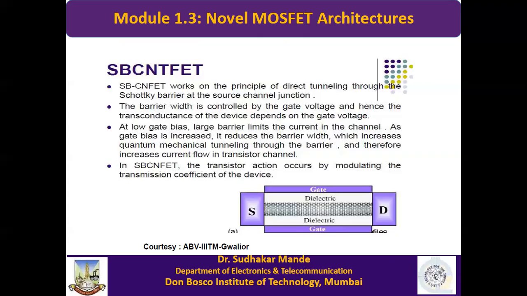But as you increase the gate voltage, there will be some electronic states in the barrier, called tunneling states, and through those electrons tunnel and you get high on current. So in SB CNT FET, the transistor action occurs by modulating the transmission coefficient of the device. By changing the gate voltage, we are just changing the transmission coefficient.